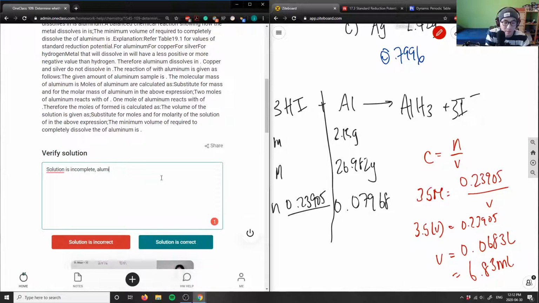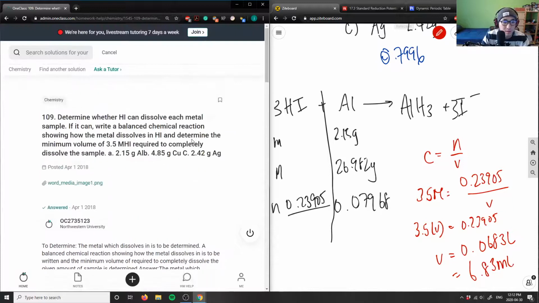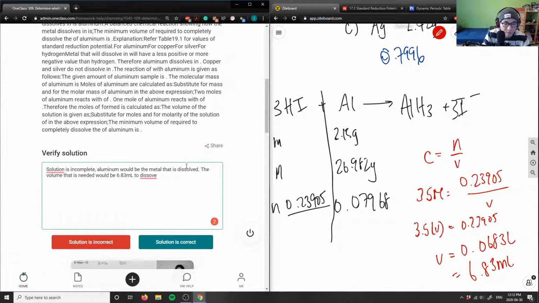Aluminum would be the metal that is dissolved. The volume that is needed would be 6.83 mL to dissolve 2.15 grams of Al here.